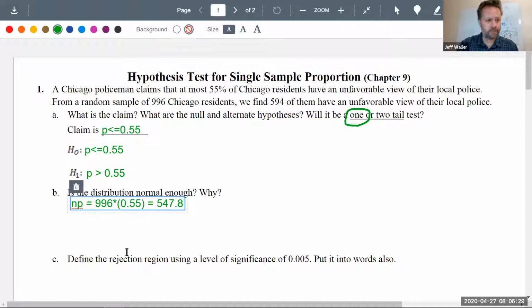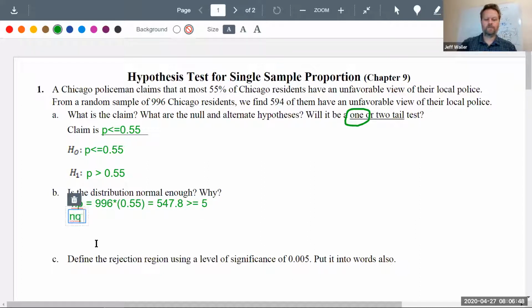Is that all right? You guys got that? And that's greater than or equal to what? What do I check that against? What's the check? NP and NQ have to both be at least 5. So now we just got to check NQ.